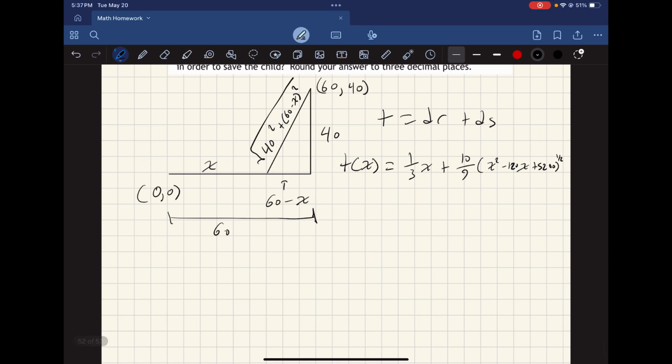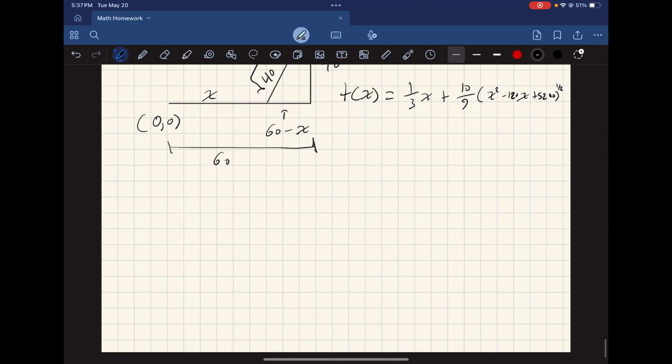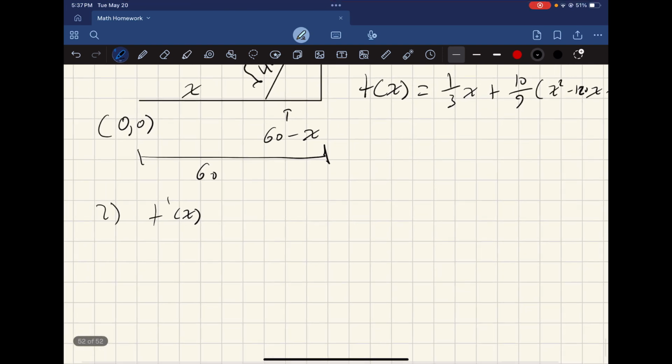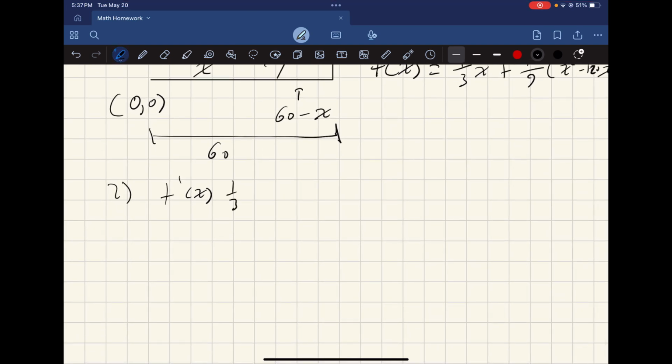Next, we're going to find the derivative of this equation. The derivative is going to be 1/3 plus 10 over 9 times 1/2 times (x squared minus 120x plus 5200) to the negative 1/2 power times (2x minus 120).